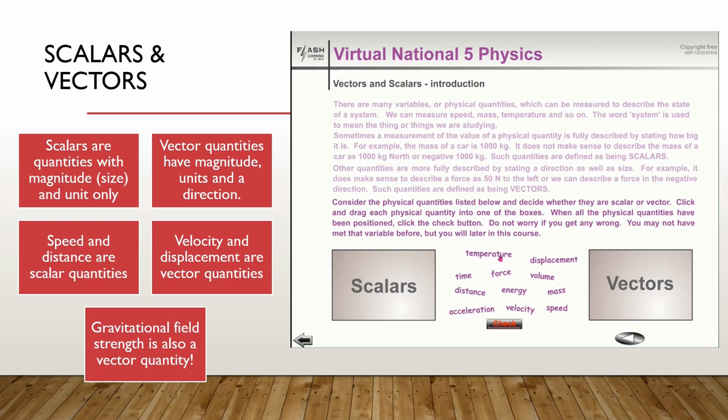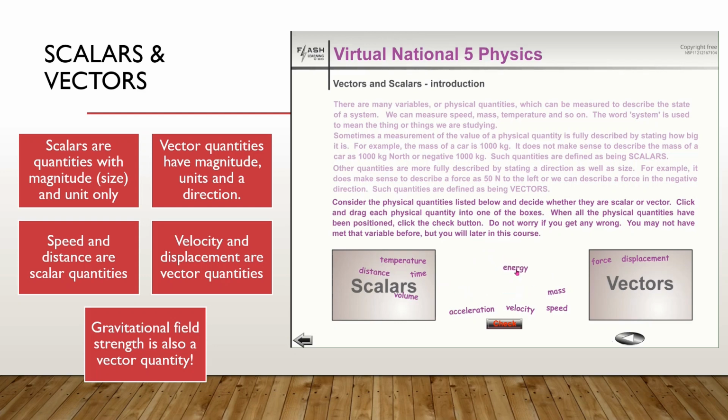So the first one, temperature, scalar. Time, scalar. If we could go back in time, that would be a vector, but we can't. So force, I've just been through that, vector. Displacement, if you remember that from second year, vector. Volume, scalar. Distance, scalar.